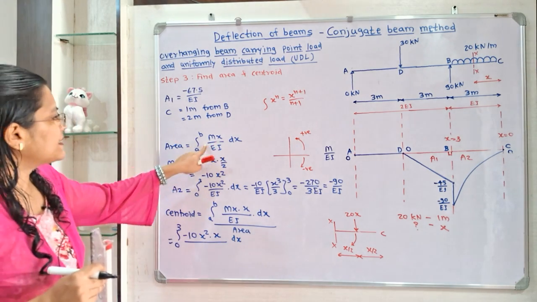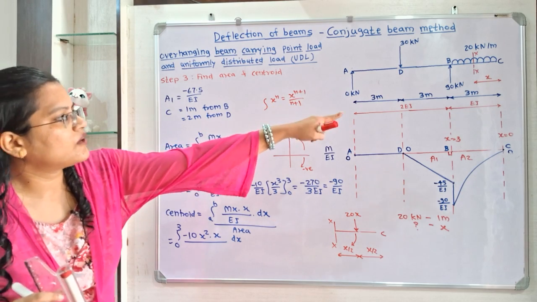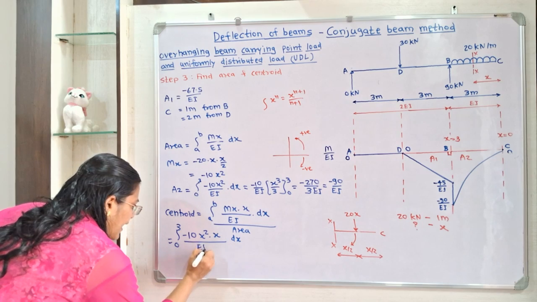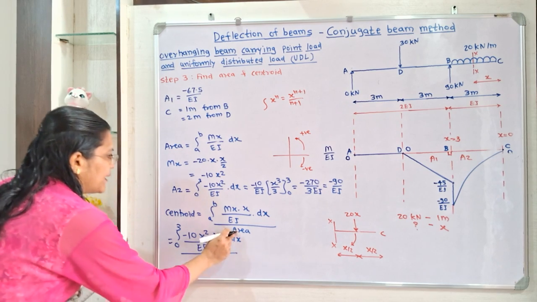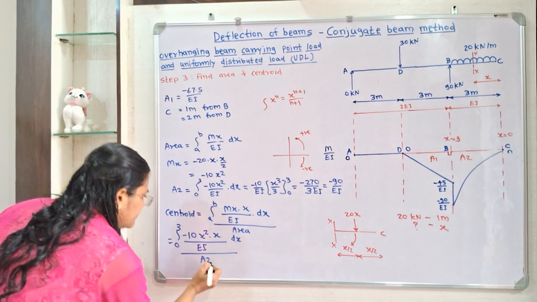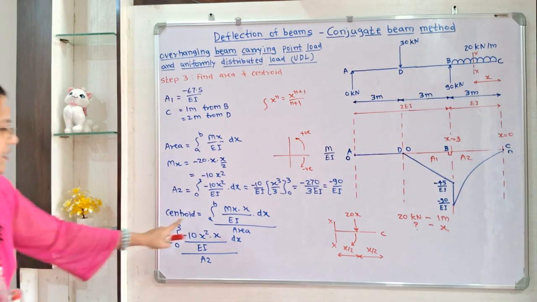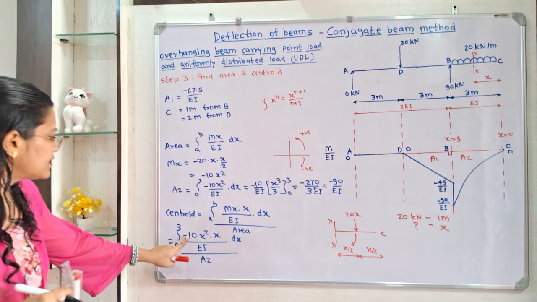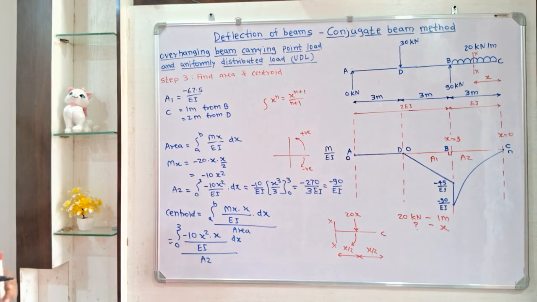Now divided by EI. For section BC the value is EI only, so I will take EI and the whole divided by the area, so we have to take the area as A2. So this we have to solve. So minus 10x cube by EI.